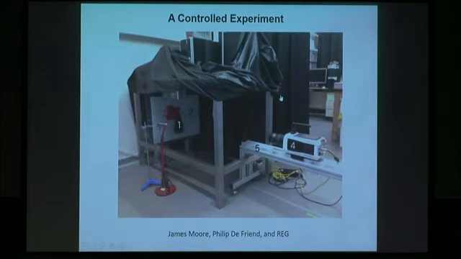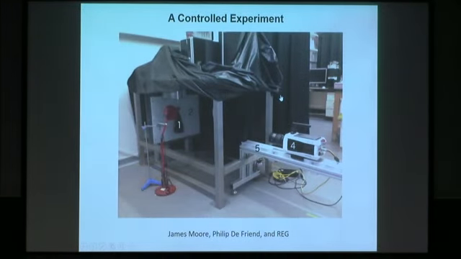Okay. So we thought it would be fun to actually do an experiment to test this and to explore more generally this emerging field called aerodynamics. So I had two wonderful summer students, James Moore and Philip Dufresne, who put together this experiment with me over the summer.